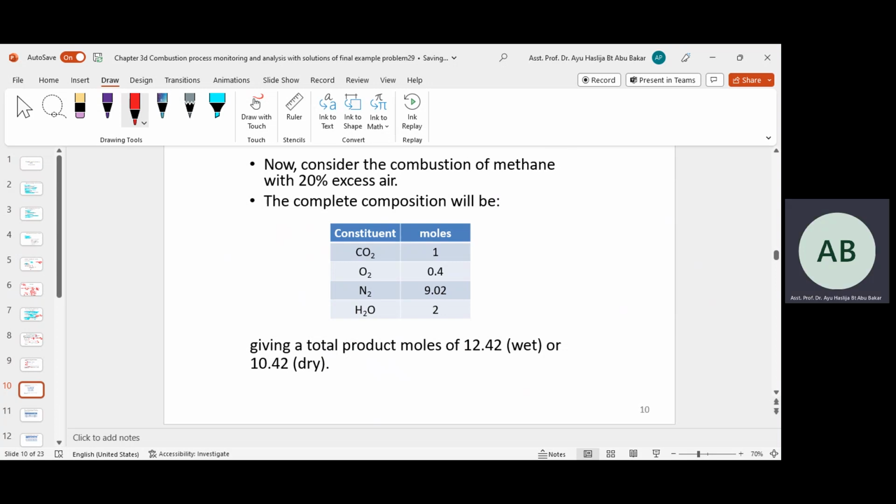Now we consider the combustion just now with 20% excess air. With complete combustion, you produce this, where you have O2 in your flue gas, giving a total of product moles, the new N total, wet and dry, because you have the O2.